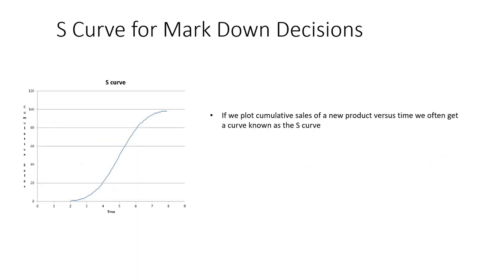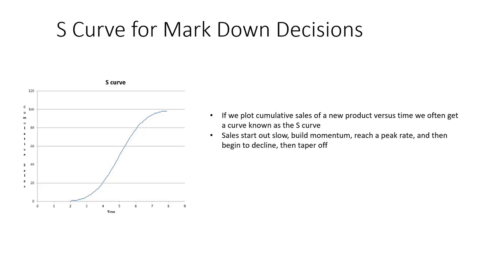The way this curve comes about is starting at point 0, when we introduce our product to the market, presumably in the early adopter segment, if we plot the cumulative sales of that new product versus time, we often get a curve that looks like this, and it's known as the S-curve.